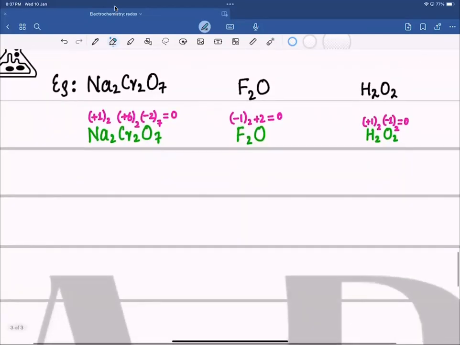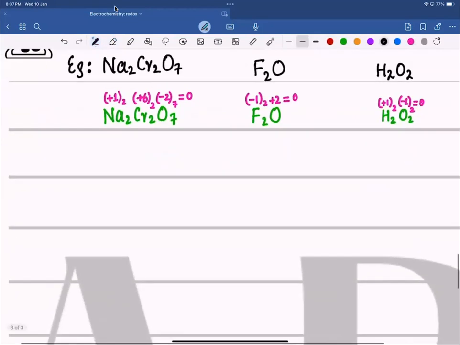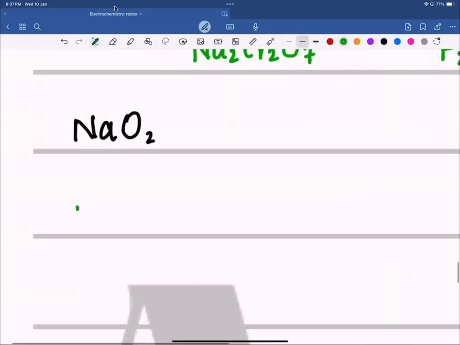Okay. Now have a look at another example. NaO2. What is the net charge? 0, sir.